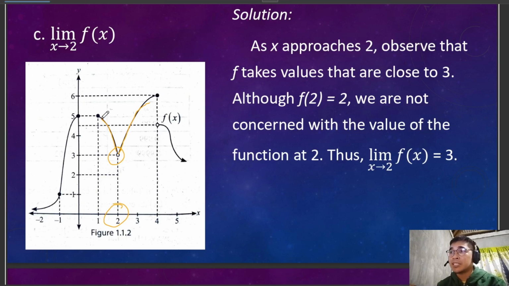We only look at what f tends to as x approaches 2. This is an open interval. So what is the limit of f of x as x approaches 2? It is 3.